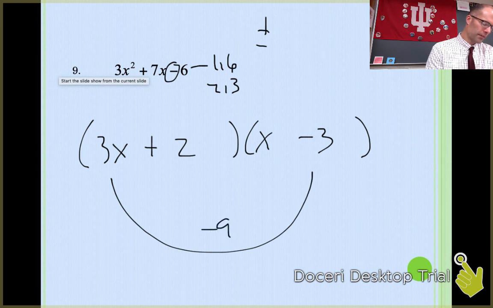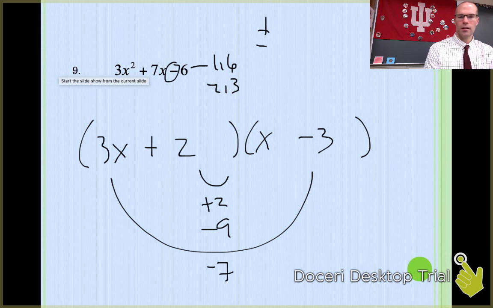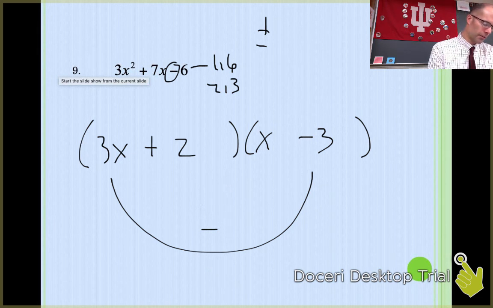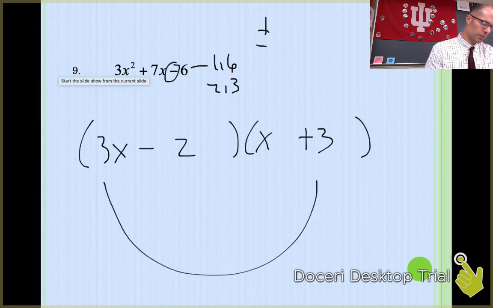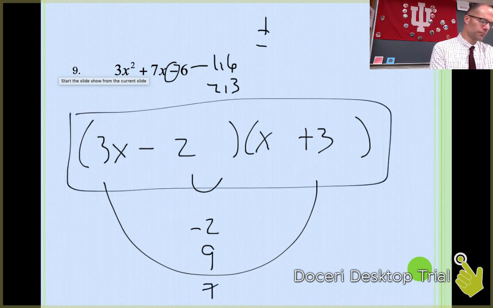So that gives me negative 9. That gives me positive 2, which gives me negative 7. So I've got the right number, just the wrong sign. So the only thing I need to do here is flip my signs. So that means this needs to become a negative, and this needs to become a positive. Just double check that. That gives you 9, negative 2, which gives you 7. Good.